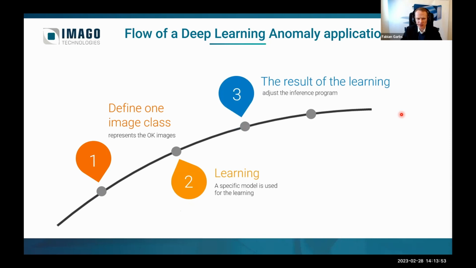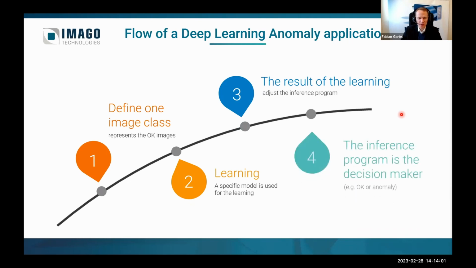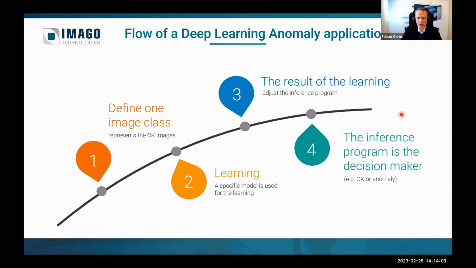Then it's ready, and then you just have to check what's the outcome of this learning method, what's the outcome of this inference program. Maybe you have to adjust a little bit if it doesn't work as expected, but that's basically it. And in the end, you're ready, and the inference program is then able to make the decision to say, that's good, that's okay, or that has an anomaly.